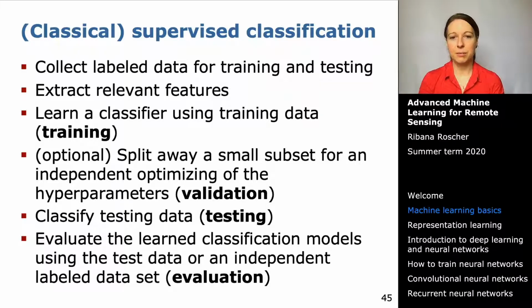And last step, you evaluate the learned classification models using the test data or an independent labeled dataset. And this is called evaluation. So the training, test, and evaluation steps are the general steps you perform, and the validation step can also be used to tune your model and find good hyperparameters.